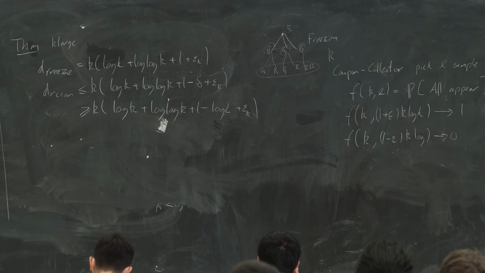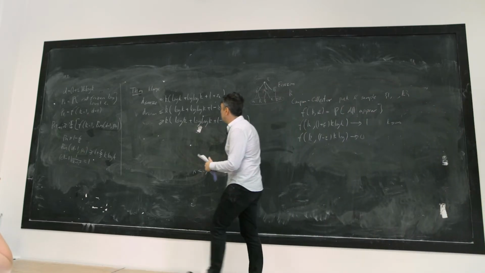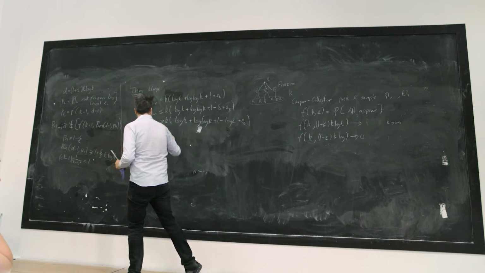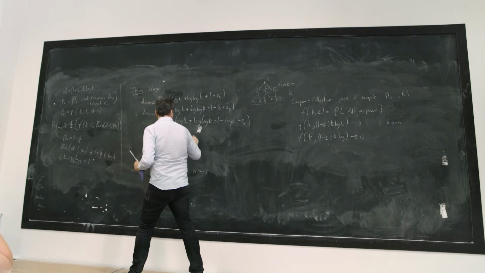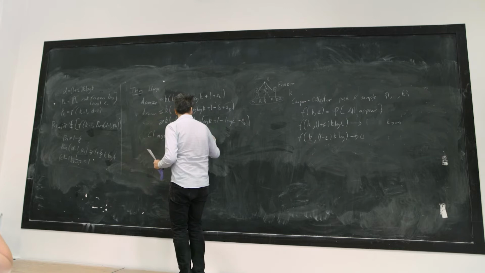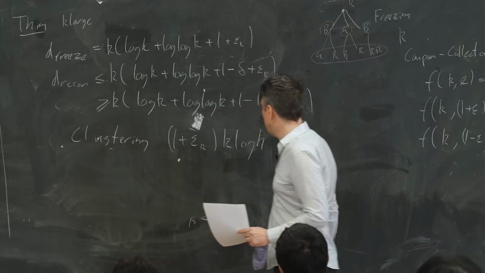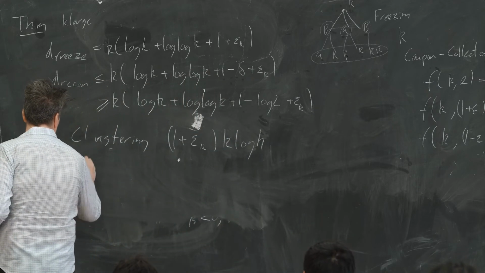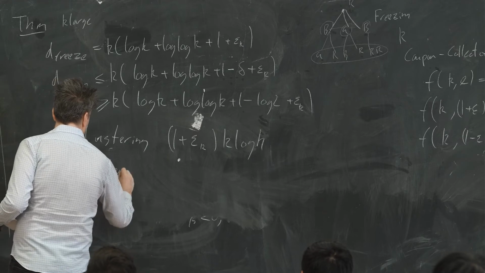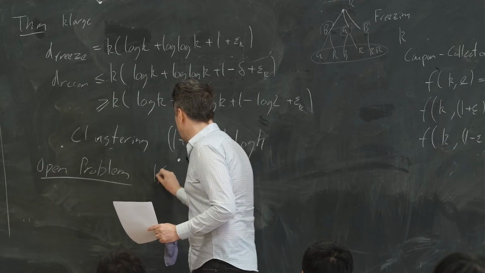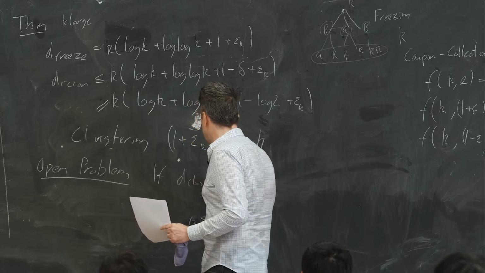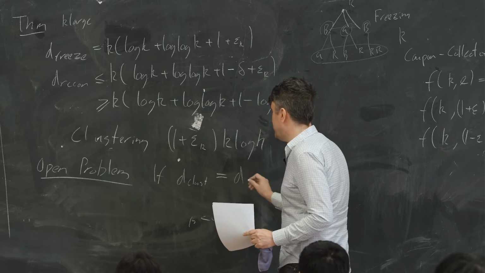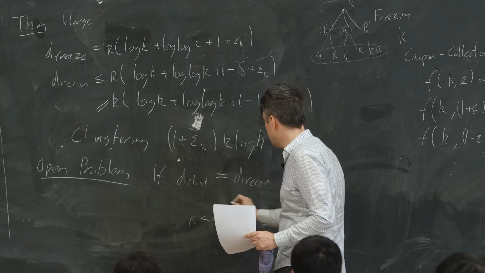Okay. And now remember I said that clustering was at 1 plus epsilon_k times k log k. So, open problem: is the threshold for clustering equal to d reconstruction?